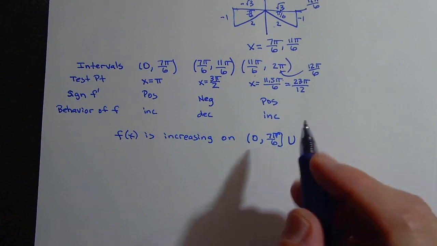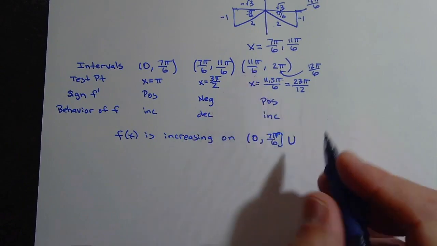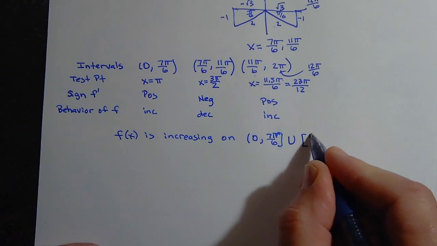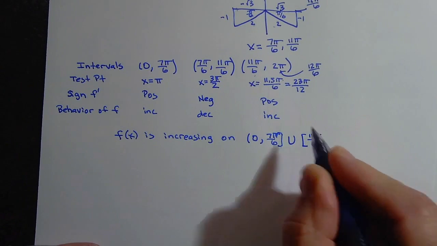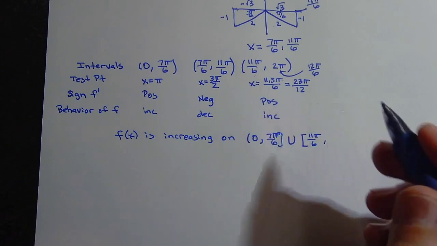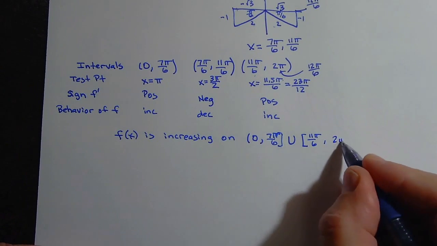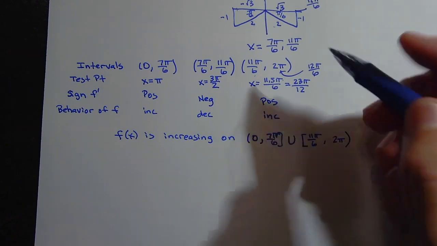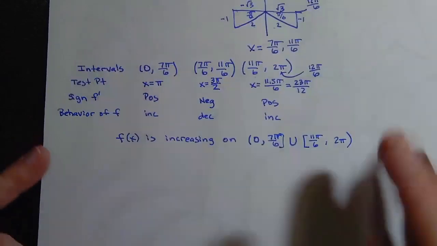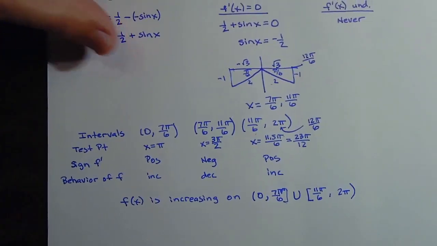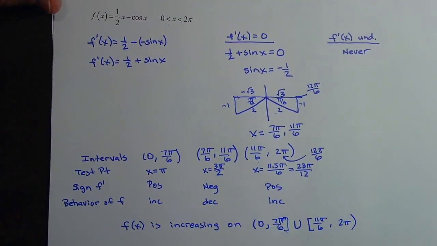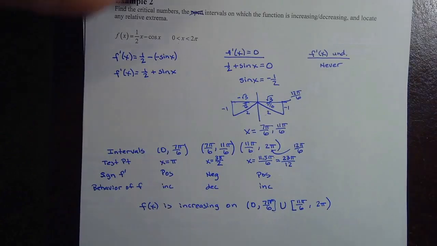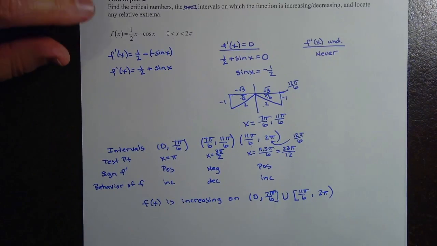And then it starts up again at the 11 pi over 6 that we would include, because that's where it starts to increase. And then to 2 pi. Once again, we wouldn't include 2 pi because it's not included in our domain at the very top.